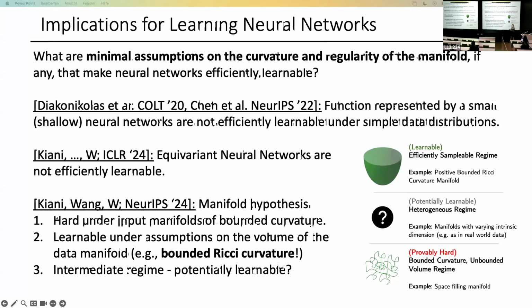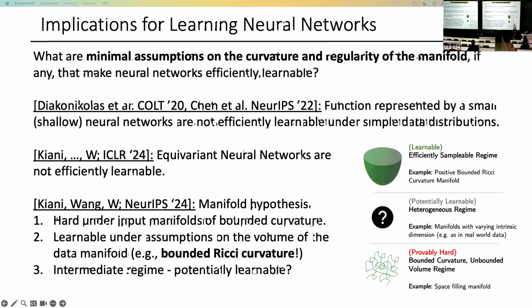The first thing to try here is the manifold hypothesis. This was the implicit assumption that we made earlier when we constructed the geometric graph, that our data lies on some low dimensional manifold, even though it might be given in a high dimensional space. It turns out the manifold hypothesis itself, this presence of a low dimensional structure, is not enough to guarantee learnability. We can construct pathological instances where neural networks are still hard to learn.